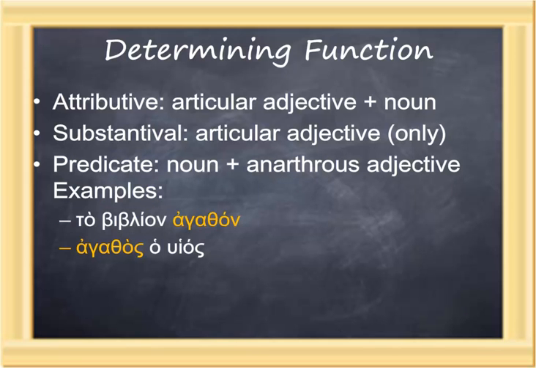Notice that an adjective is predicate if there is a noun that the adjective modifies in the clause, but the adjective itself is anarthrous. It does not have an article in front of it.